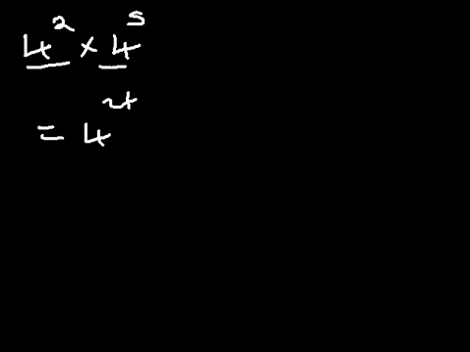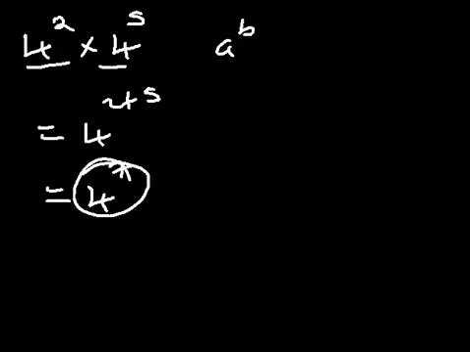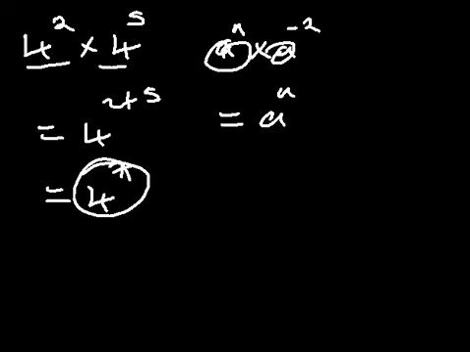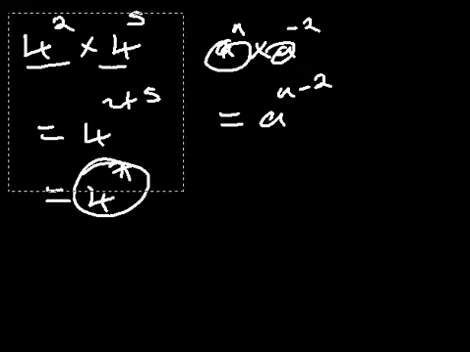Since the bases are the same, we just add the powers. So this is the same as 4 to the power 7. That's the principle behind it. Let's say if we have a to the power n times a to the power negative 2. Since the bases are the same, we'll have a to the power n minus 2. That is actually how it should be.